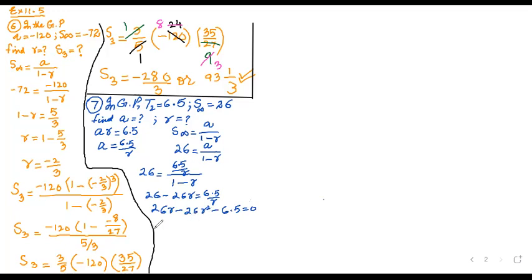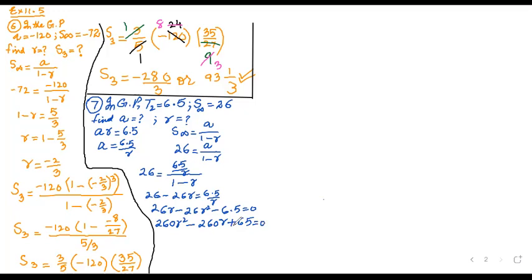So now multiplying the whole equation by 10 and rearranging this and taking common as well. So this will become 260R square minus 260R plus 65 equal to 0.